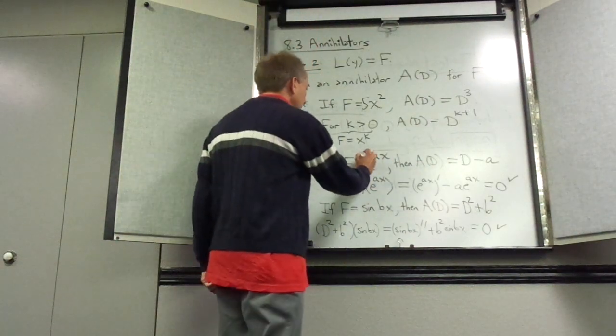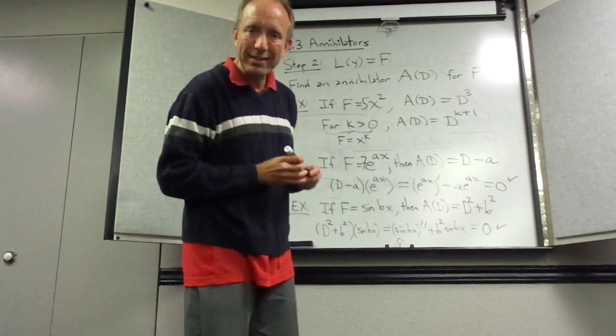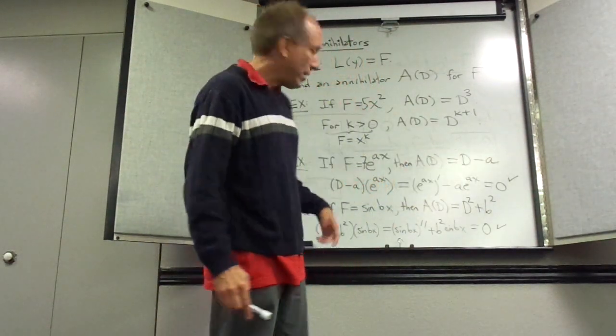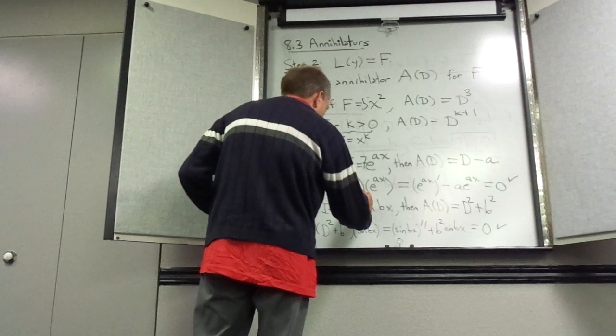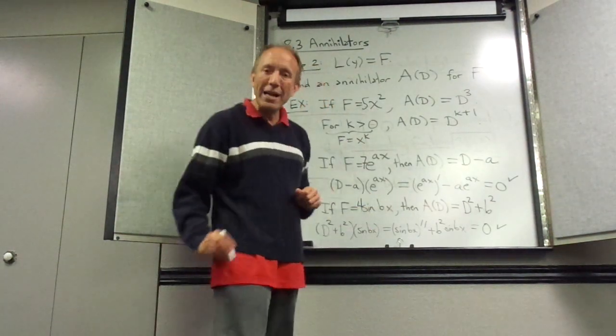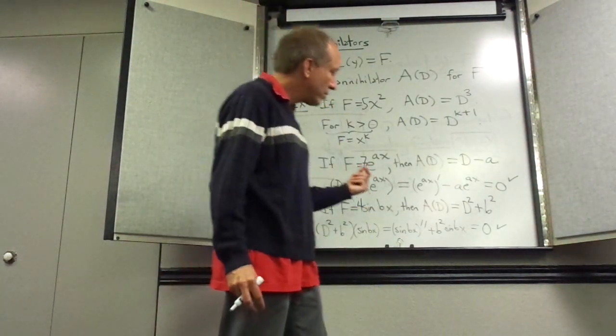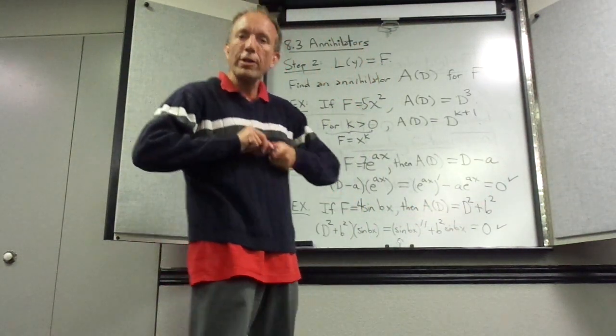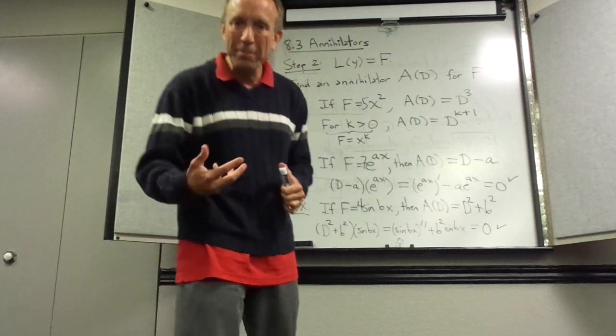If I want to annihilate 7 e to the ax, the annihilator is still D minus a. And if I want to annihilate 4 times the sine of bx, the annihilator is still D squared plus b squared. Constants in front of these expressions don't really matter.